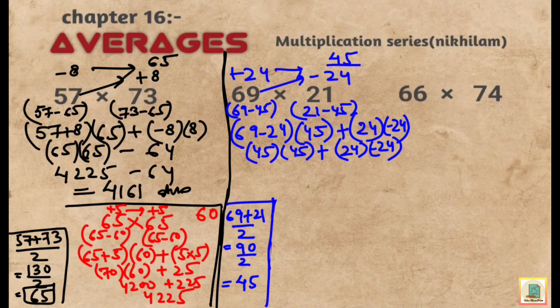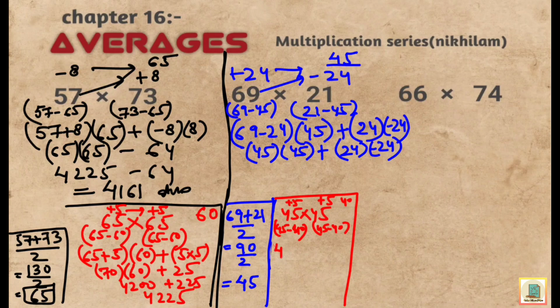Now 45 multiplied by 45, we cannot do it directly, so we will do it using the secondary base method. So 45 multiplied by 45, the base is 40. Now let's find out the deviation. 45 minus 40 gives you plus 5 as deviation, and 45 minus 40 also gives you plus 5 as deviation.